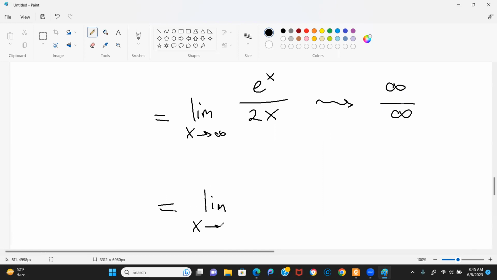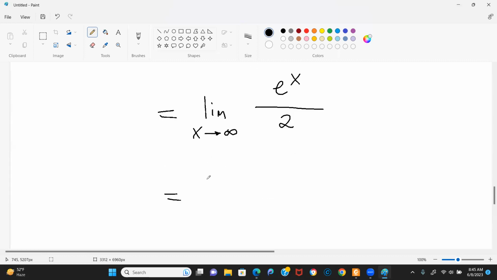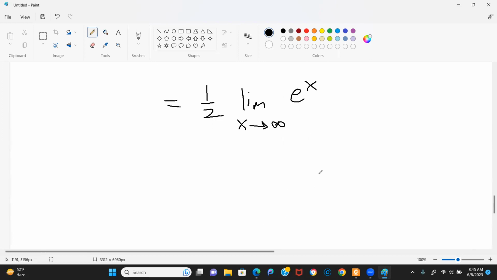Sometimes you will have to use L'Hopital's rule multiple times. So now you just differentiate the numerator and the denominator separately. The derivative of e to the x is e to the x, and the derivative of 2x is just 2. Then I can factor out the 1/2, so I have 1/2 times the limit as x goes to infinity of e to the x, and that goes to infinity.